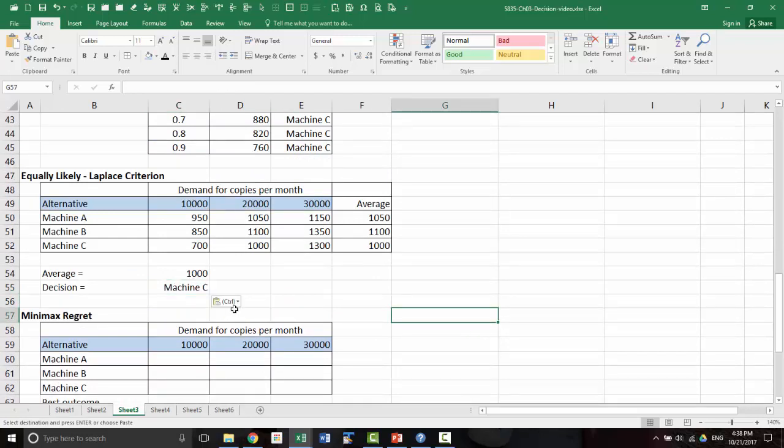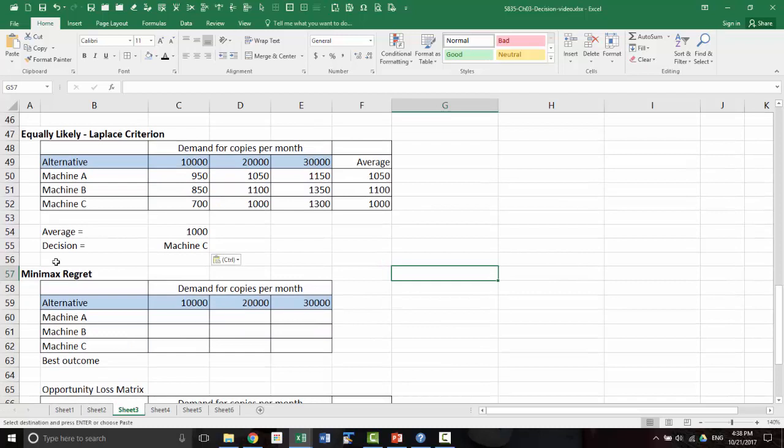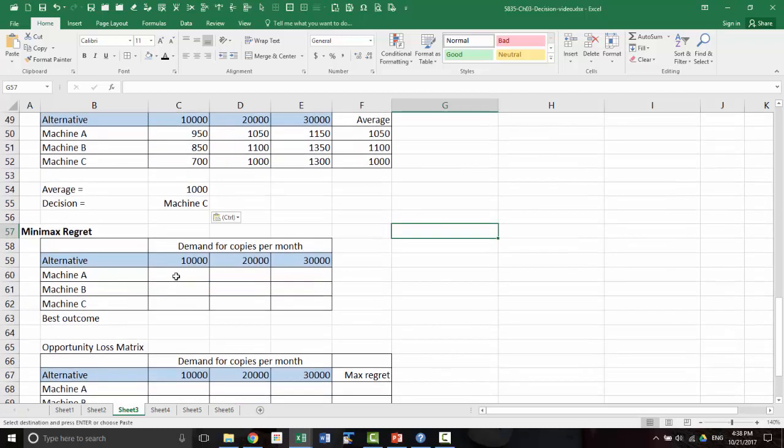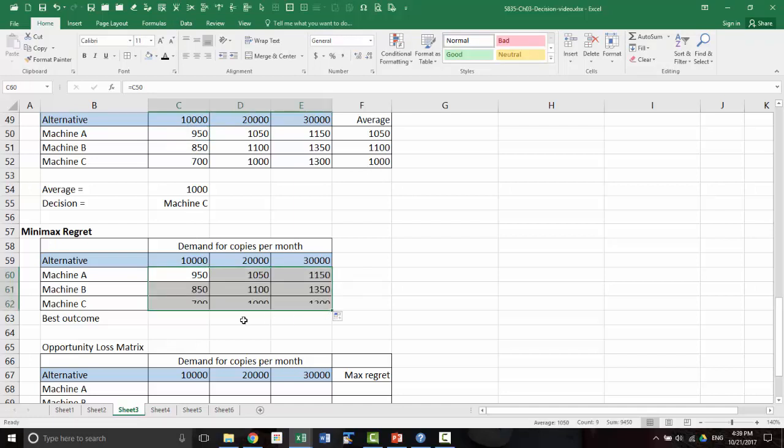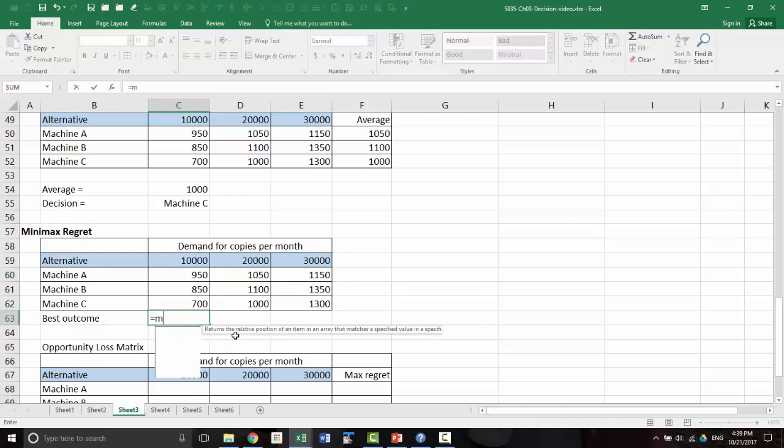All right, and then minimizing maximum regret. So here again, let's populate the costs. Now, this is a cost problem, so you have to be careful. The best possible outcome for each state of nature is the minimum value.